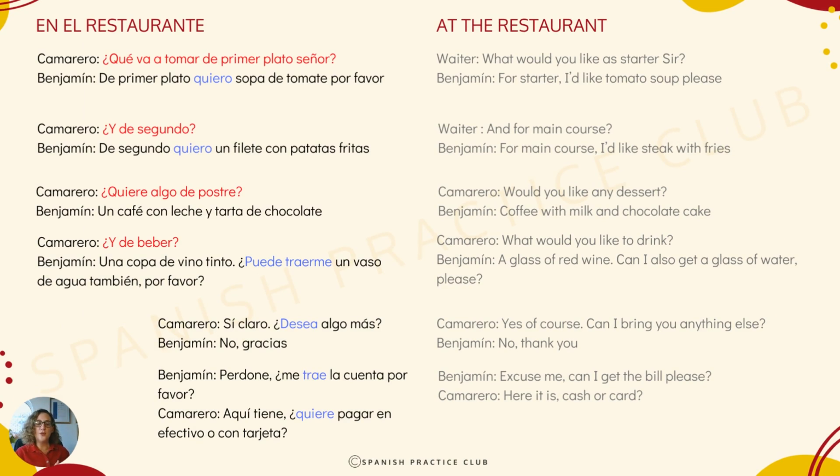bar. So in the dialogue today, we're going to see how a possible conversation can go between a waiter and a client. We are going to introduce some verbs conjugated in the present of indicative, as well as pronunciation of the letters that we've learned in this lesson, V and B, and letters that we've learned in previous lessons, like the J and the G's.